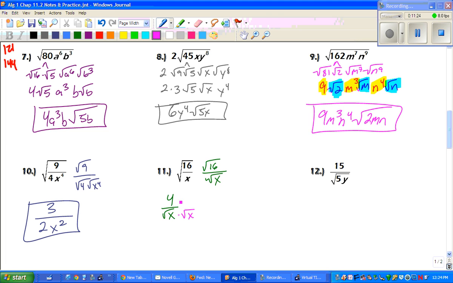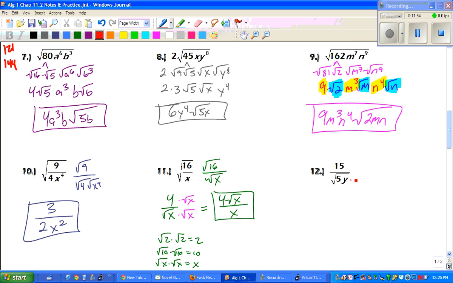And remember, you can't have the square root on the bottom, so you multiply the top and the bottom. The bottoms do not cancel, okay? It just stays x, because remember, root 2 times root 2 is 2. Root 10 times root 10, that's 10. Okay, so root x times root x is just going to be x. It does not cancel.